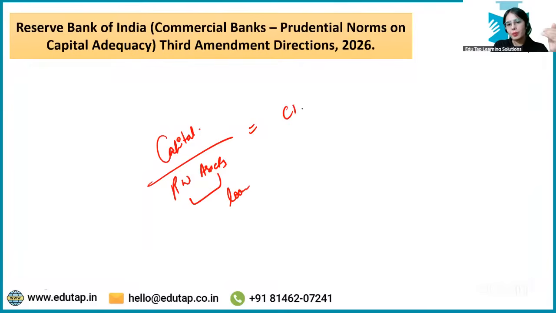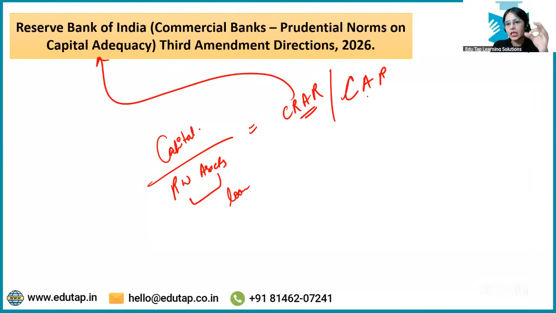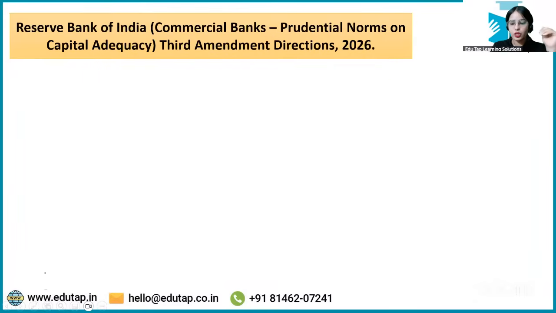That is known as capital risk weighted asset ratio, also known as capital adequacy ratio. That means the bank has to maintain the adequate capital. For the scheduled commercial banks, the minimum capital adequacy ratio is 9%. This is the basic idea that we have gathered. This idea will help you in this direction also, okay?